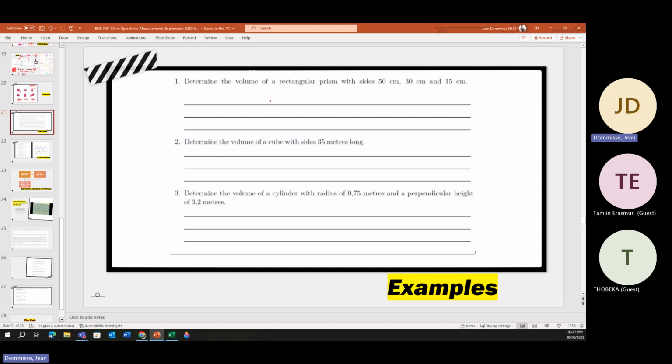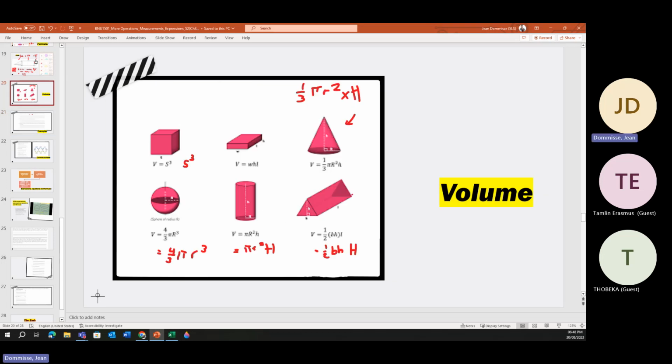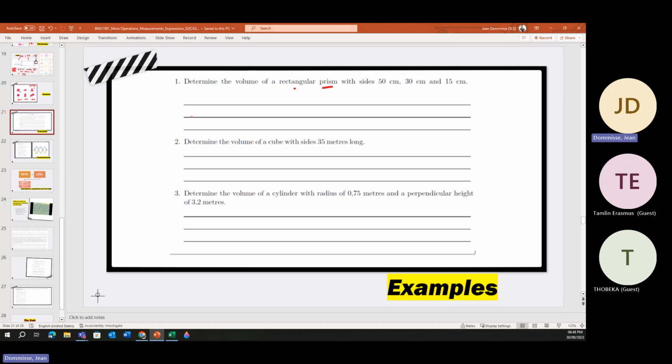So the first one is determine the volume of a rectangle prism. Okay, so that is a rectangular prism. So half base height times the bigger height.